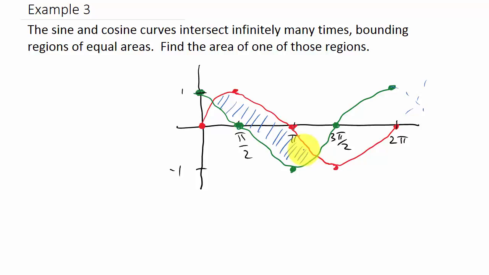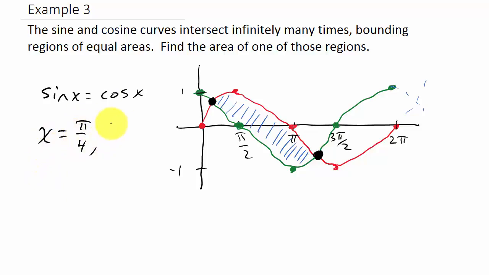So what we need is to know this point of intersection and this point of intersection. Where do the sine and cosine functions intersect? Well, we have sine x equals cosine x, and so x would equal what?